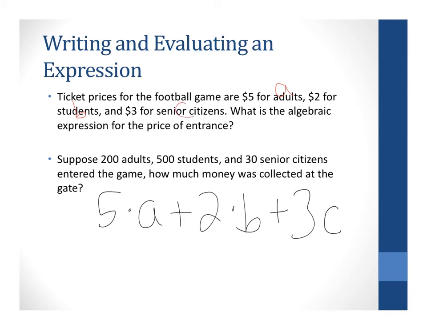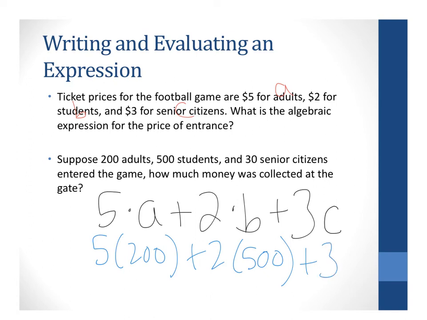Cool? Alright, well, if I've got 200 adults, we just basically plug and chug. 5 times 200 adults, plus 2 times 500 students. Because A, B, and C represent the number of adults, the number of students, and the number of senior citizens, respectively. And that word respectively is important.